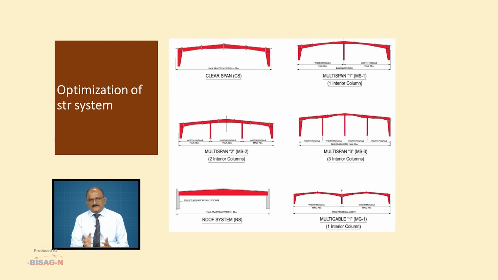In all these cases, the length of each unsupported span may be limited to approximately 70 meters. If it goes beyond 70 meters, it may become uneconomical. Now, first we will discuss the optimization of the structural system.